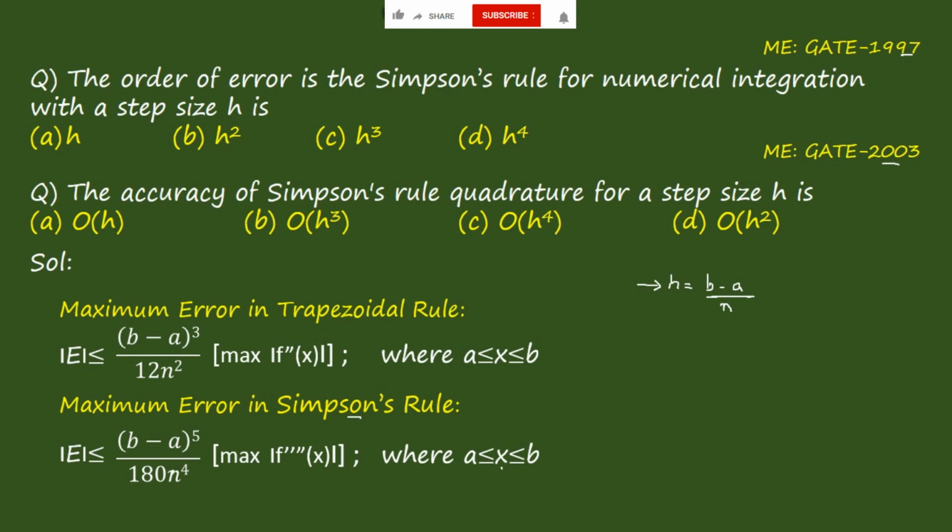If you substitute these values, we can write this as h power 4 into (b minus a), and the formula will be the same, divided by 180 into the maximum value of the modulus of the fourth derivative of f(x). So the accuracy or order of error is given as h power 4. So the answer is option D. And for this one, it is option C.